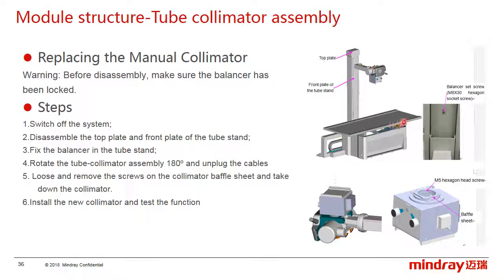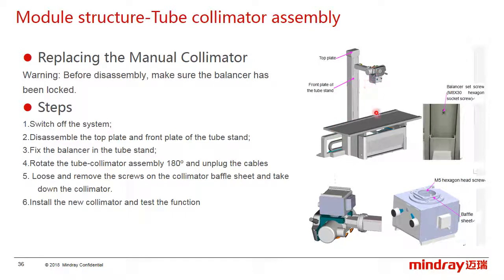So, how to replace the collimator? First, switch off the system and disassemble the top plate and front plate of the tube stand. Third, fix the balance in the tube stand.